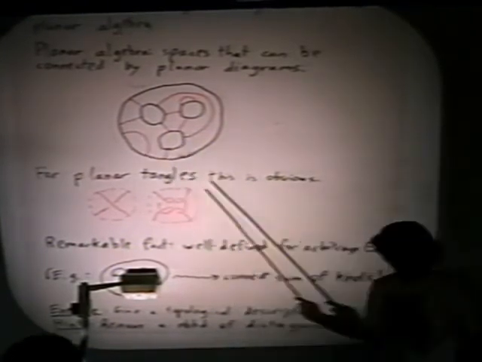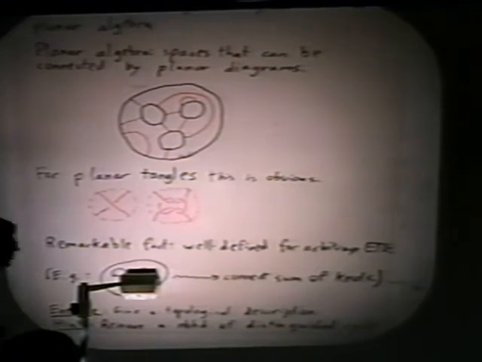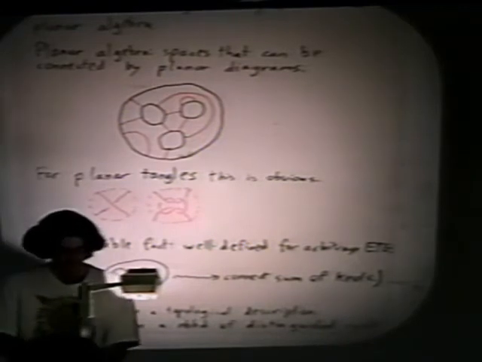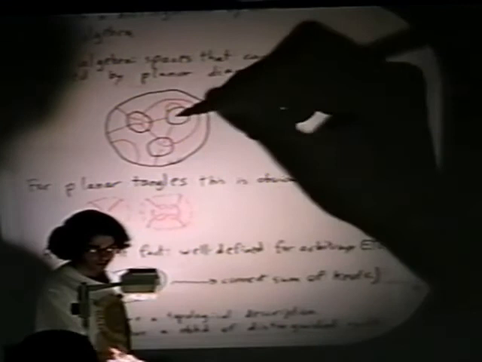So let me give you an example of a planar algebra that you can easily understand: planar tangles. If inside each of these circles I put some tangle like this, it doesn't matter which ones, then a planar tangle is a template for an operation, a thing that you can stick inside a lot of things.